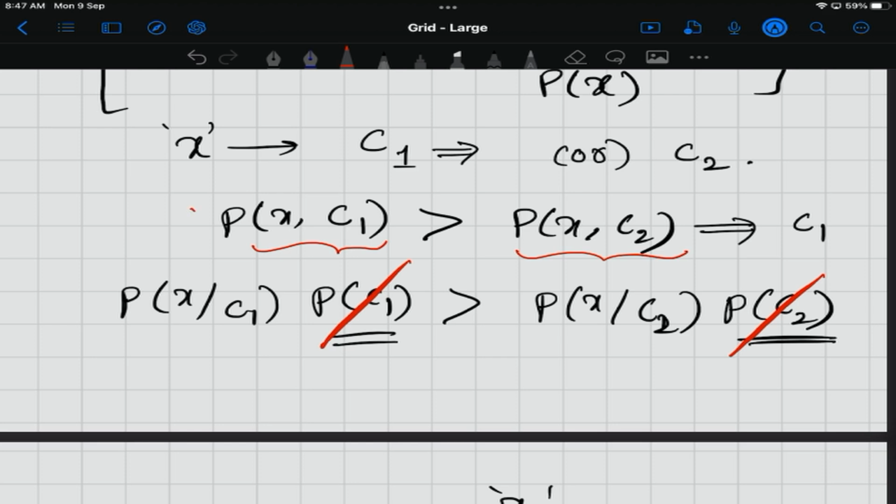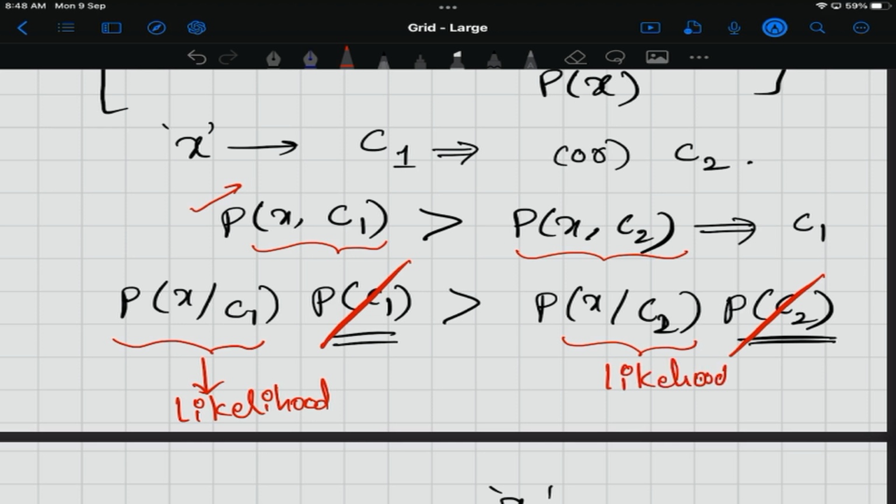Now this condition, the joint PDF, I am replacing with this term. This is called your likelihood. And this is your prior. And I am assuming my prior to be uniform, and I am cancelling out those two terms, and I am only learning these conditional PDFs.